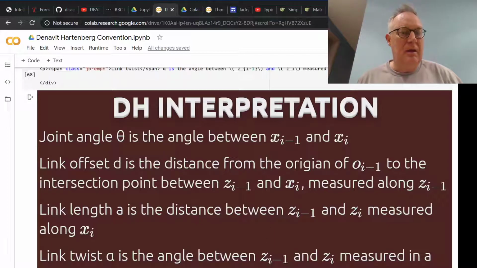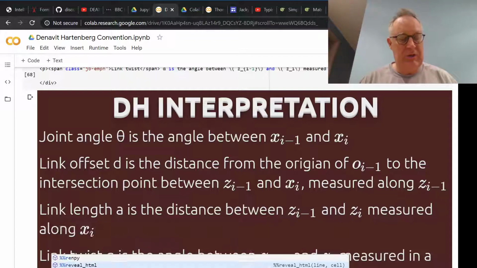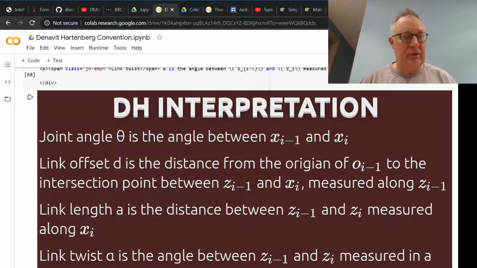However, you can actually prove that the Hartenberg convention is able to describe any robot system. So it is not a convention that restricts you to only certain kinds of robot systems. For any robot, we can align the coordinate systems in such a way that we can follow the convention.